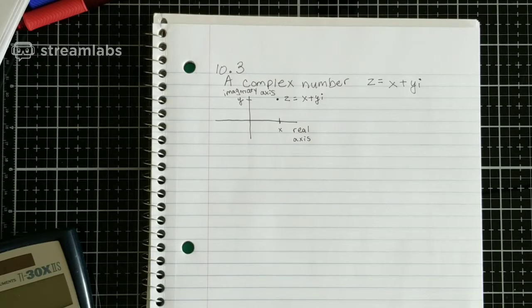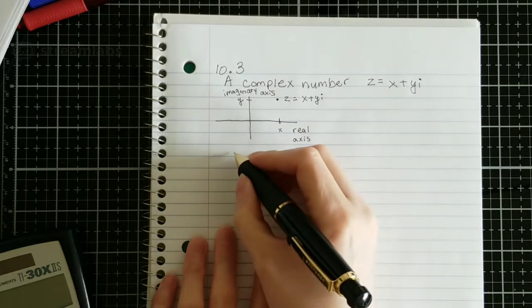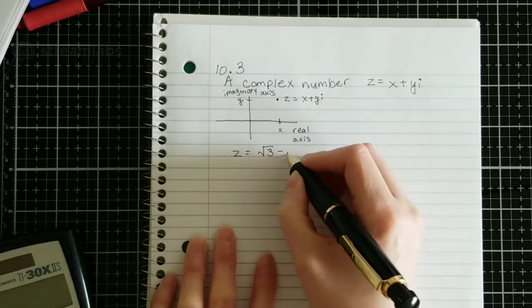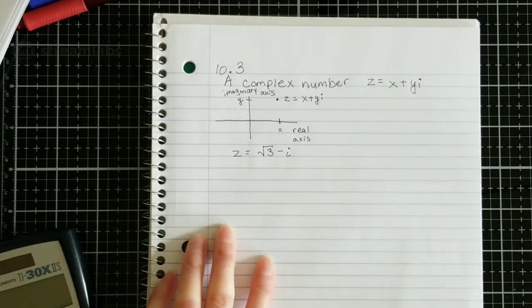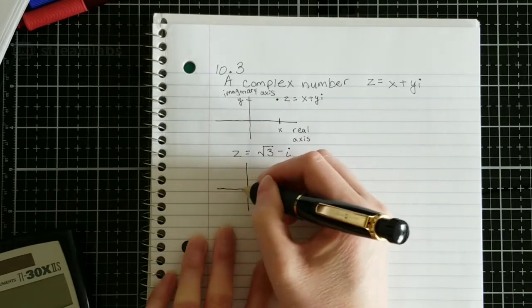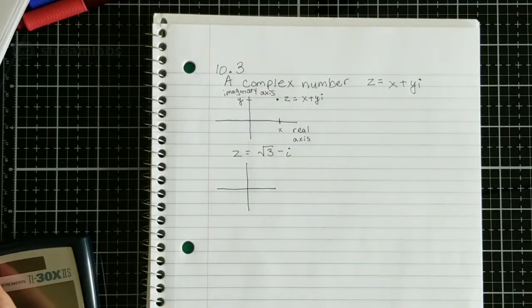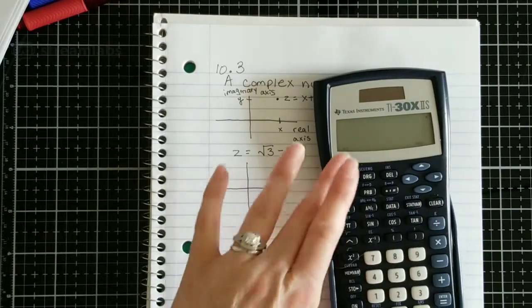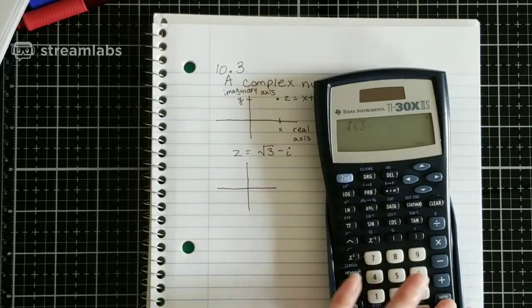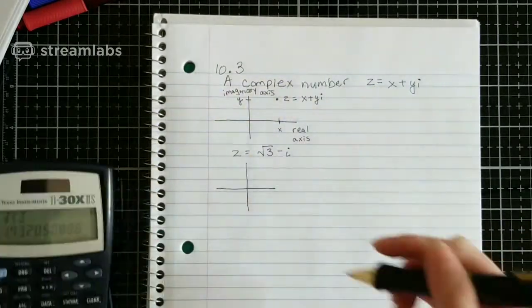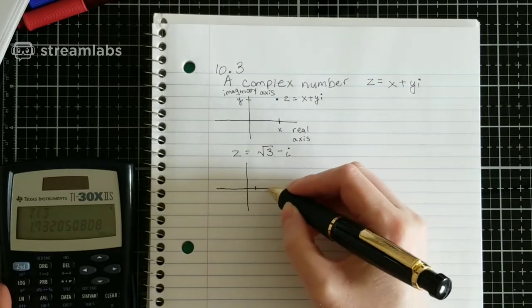All right, so the next one, this is just plotting ones that actually have numbers on it real quick. So we're going to plot z equals the square root of 3 minus i. The first thing you're going to need to know is what is the square root of 3 ballpark as a number. So I would just type that in. Square root 3 is about 1.7. So we're going to just ballpark that.